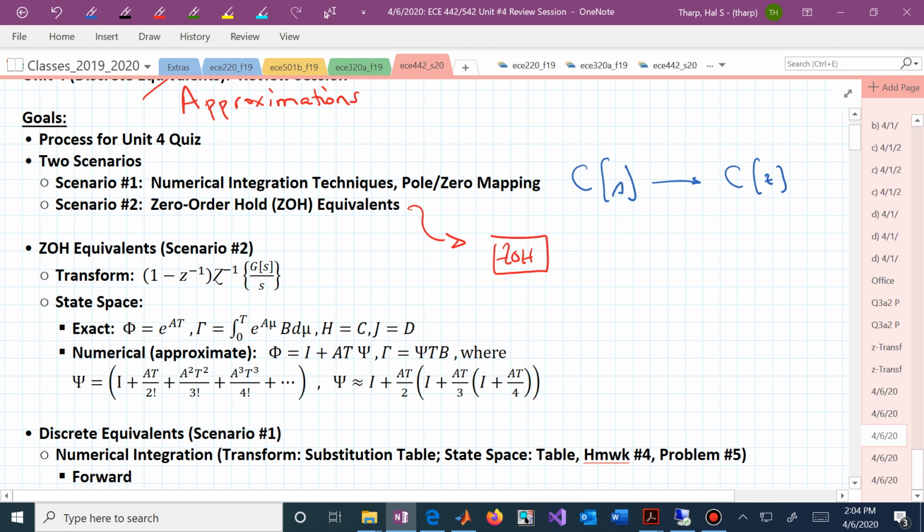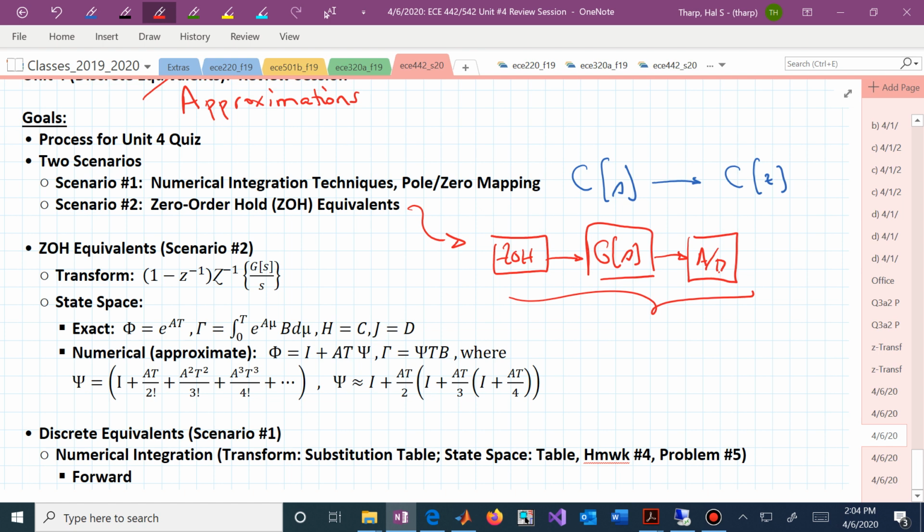Let me call that plant G of S. And an A to D. And we now take all of those, we incorporate the dynamic behavior of the zero order hold and the plant itself to produce a zero order hold equivalent, which is then called capital G of Z. In this semester, we've actually started with scenario number 2, which was dealing with zero order hold equivalents.